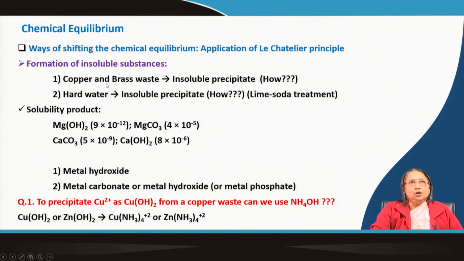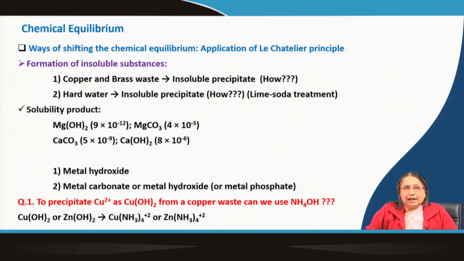Now, if we consider the copper waste or brass waste, then in the wastewater there is some copper ion present, or zinc ion may be present. Now, how to remove them? If you look into the removal of metals, in most cases you will see that metals are removed by producing hydroxides, because most of the metal hydroxides are insoluble.